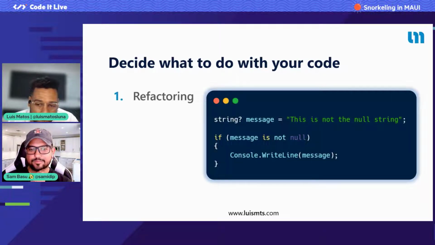When we talk about refactoring, it's upgrading the existing code that you have to work in the new environment under .NET 6. When I talk about refactoring, I'm not talking about complex stuff. I'm talking about, for example, here we have "is not null", for example "message is not null". You can use this with C# 8.